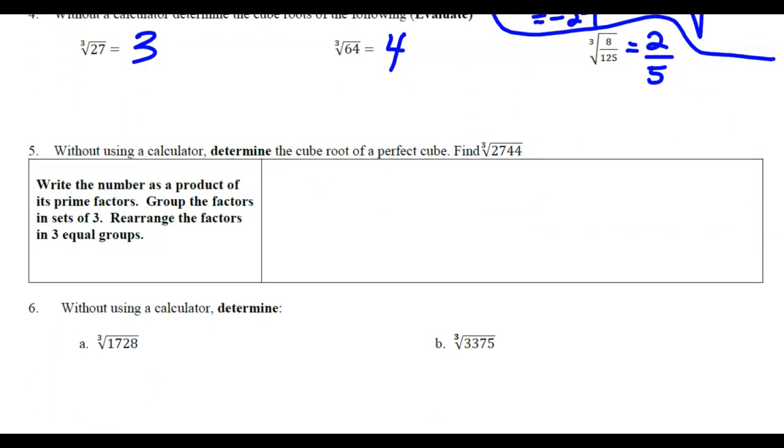So now when we do big numbers that you're not sure about, we're going to group them in 3s, not 2s. So if I take 2,744, I'm actually just going to make this thinner to try to fit it in. So I know it's even, so I'm going to go 2 goes into that 1, 3, 7, 2. I'm going to keep going by 2s.